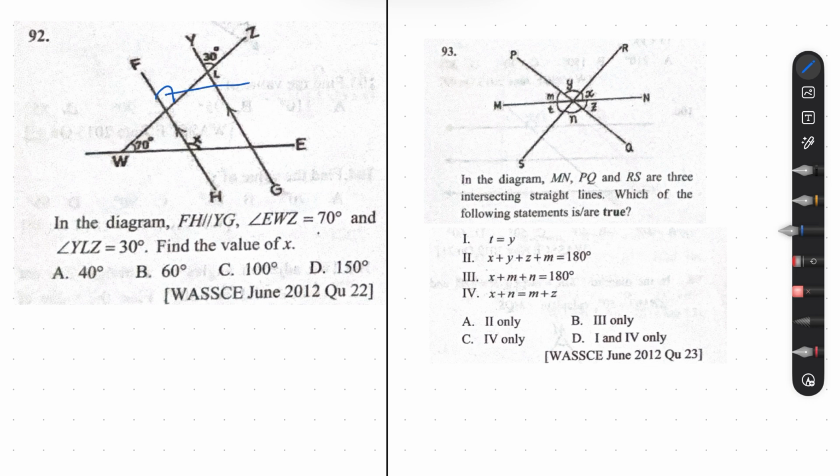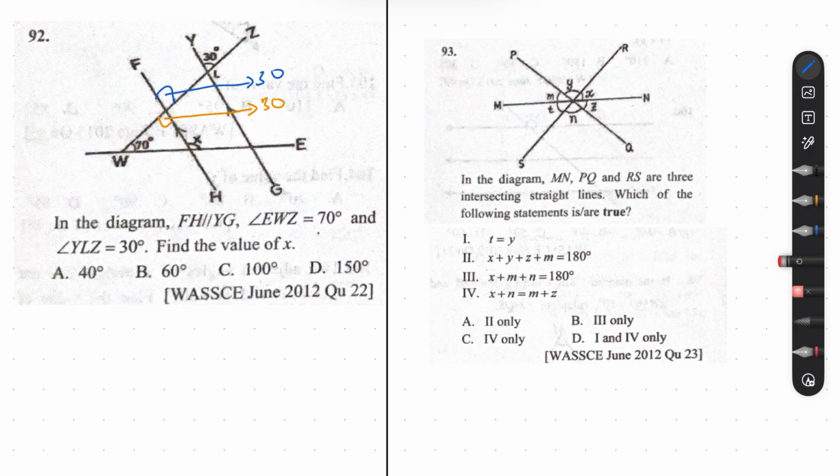This angle and this angle are vertically opposite, so they will also be the same, 30. Now, to find x, we can add these two interior angles, because the sum of two interior angles gives us the opposite exterior angle, which is x.